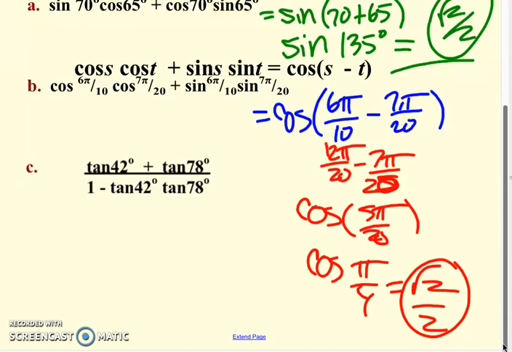So 6 pi over 10 minus 7 pi over 20, common denominator, simplify, reduce your fraction, down to pi over 4, square root 2 over 2.